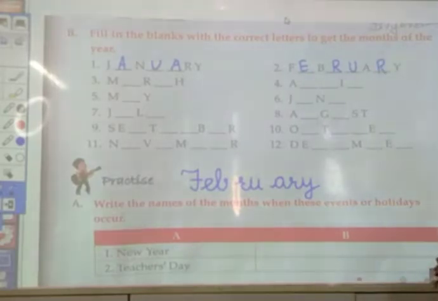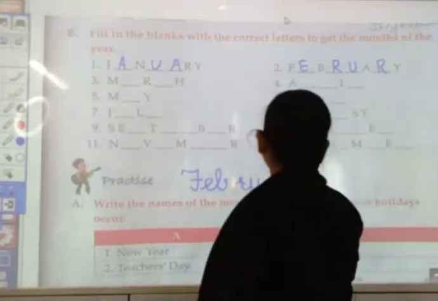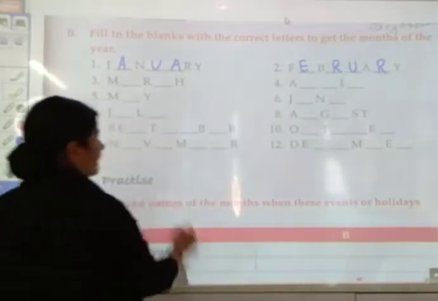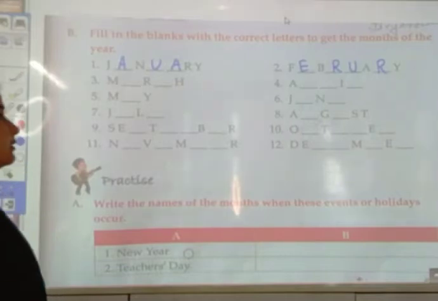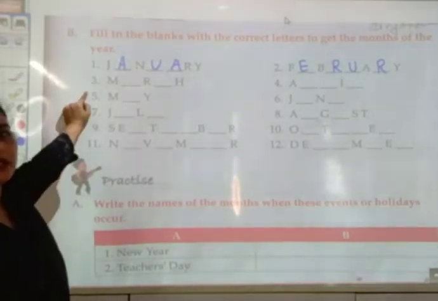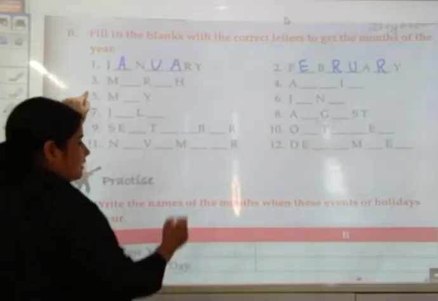Now next, the third month of the year is March.